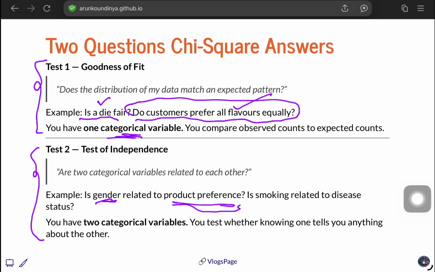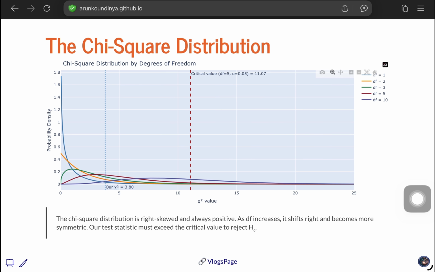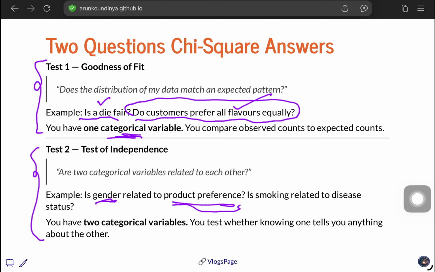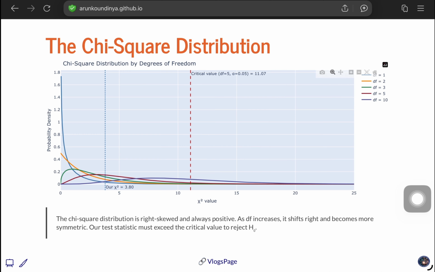Let me explain for the goodness of fit for one category. Here a dice has 6 sides. So when we are testing a die, the degrees of freedom becomes the number of different values it can have, which is 6 different faces minus 1.